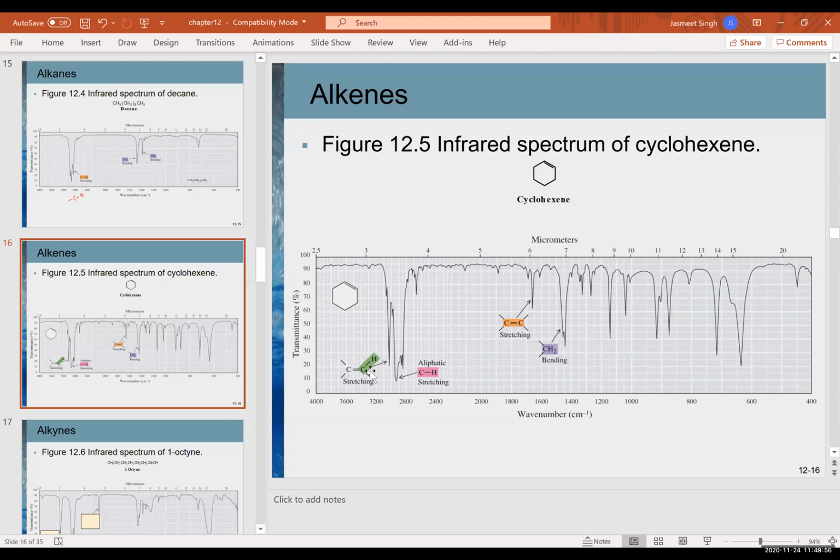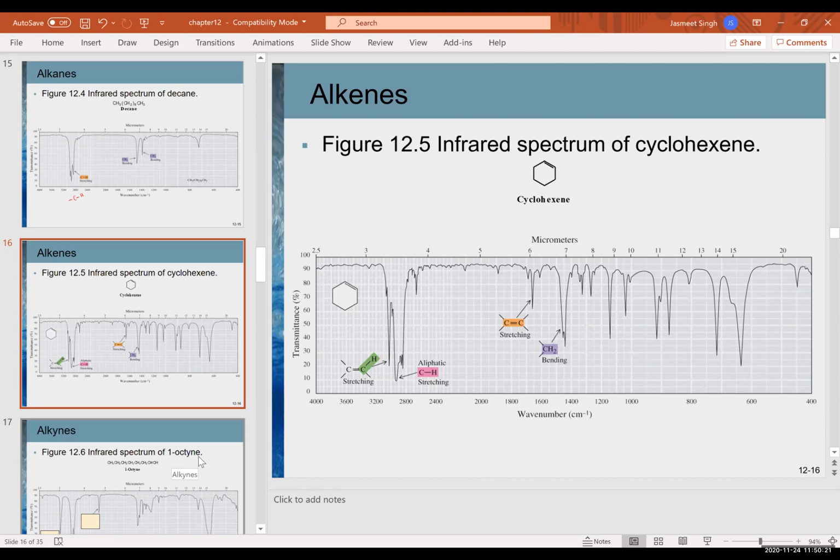However, this CH stretching, which is CH connected to the double bond, will always be there. So even if this C=C stretching peak is not visible, we can still predict the presence of a double bond by looking at this peak. Does it make sense? Yeah.